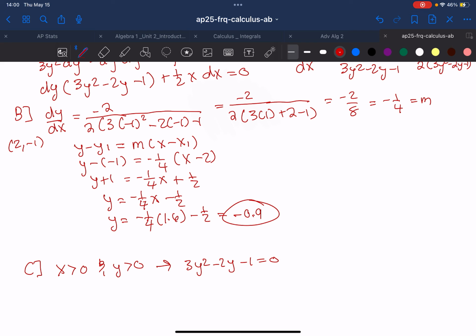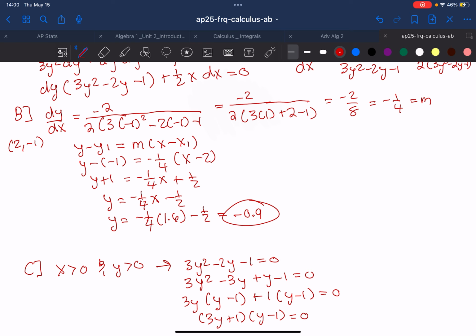Okay, factor by grouping. This is 3y squared minus 3y plus y minus 1 equals 0. Take out a 3y, we're left with (y minus 1) plus 1 times (y minus 1), which means I have (3y plus 1)(y minus 1) equals 0.